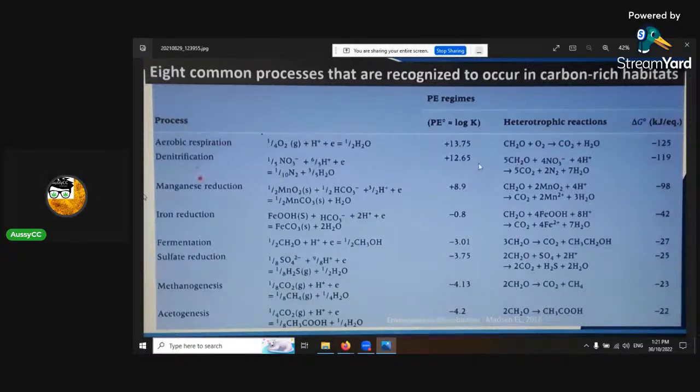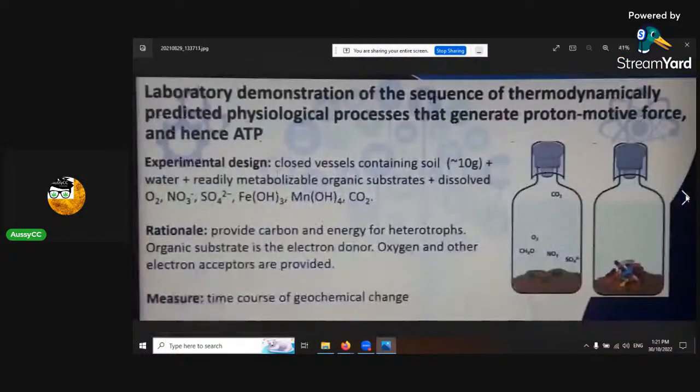As it goes down, they get less and less, but they'll need something to get their energy from. So if oxygen's gone, they'll go with nitrate, then they'll go down with manganese, and then, if it's available, iron, sulfate, etc. It's pretty cool. So that's how it processes. You can tell from which stage what you've got growing, what's there and what's happening, by just doing a quick analysis of this. Labs.